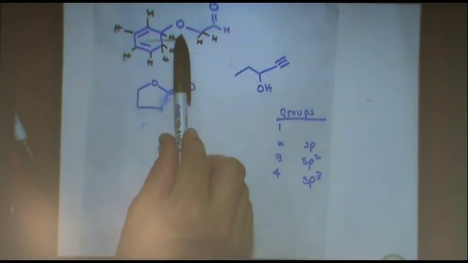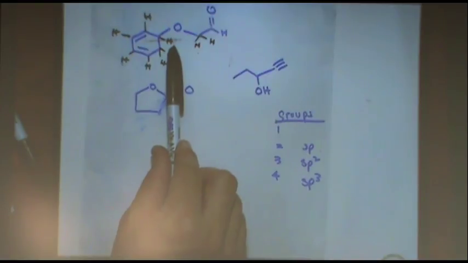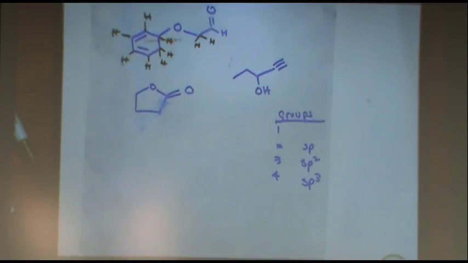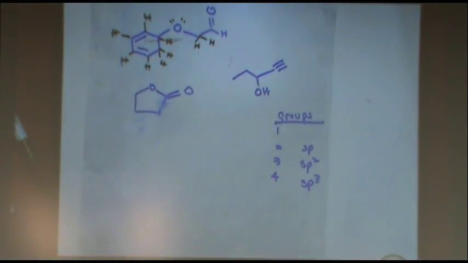All the others are sp2. The oxygen is sp. What did you say? sp3 because of the lone pairs. You got to remember the lone pairs. So if you look at the periodic table for a second, carbon has 4 bonds, 0 lone pairs for formal charge 0.